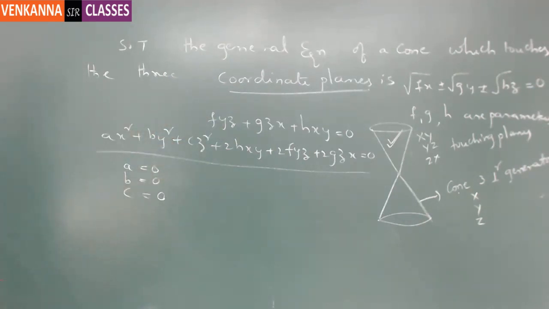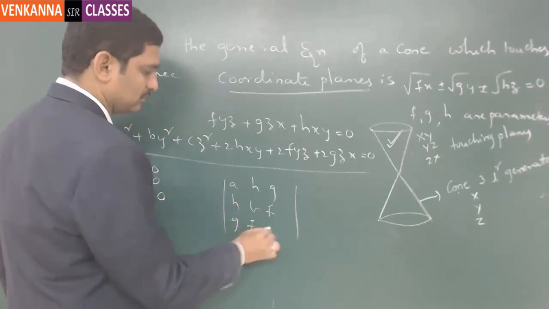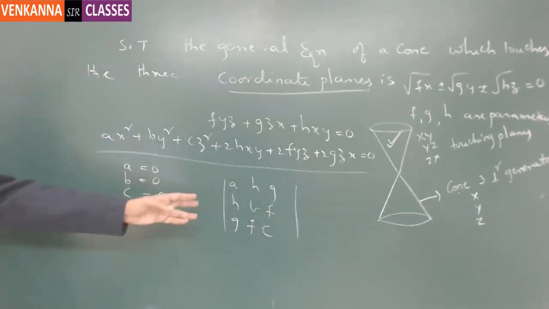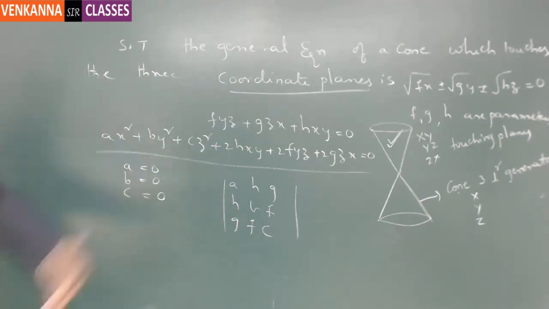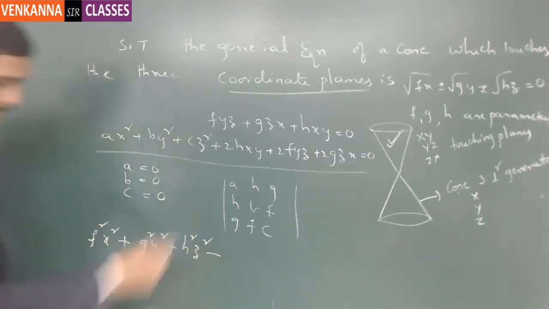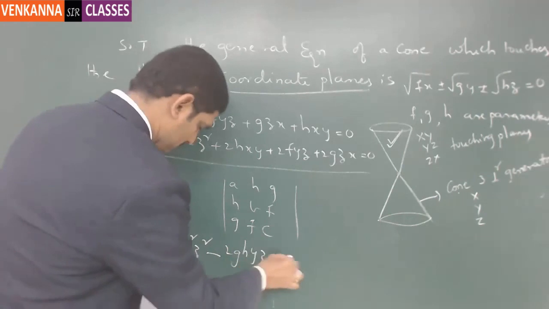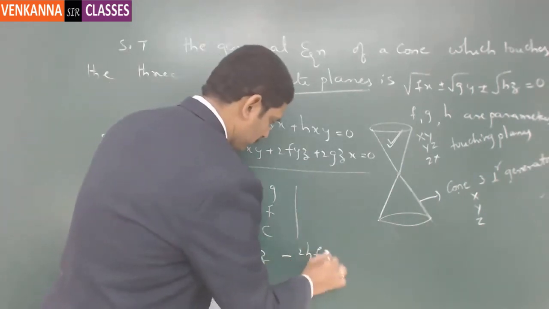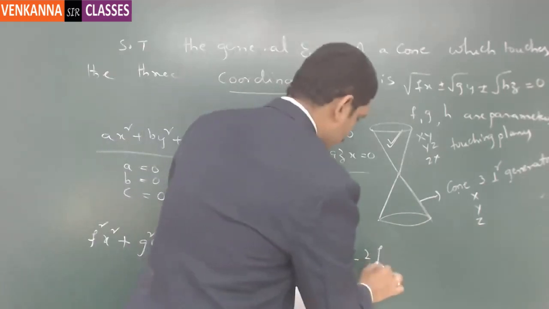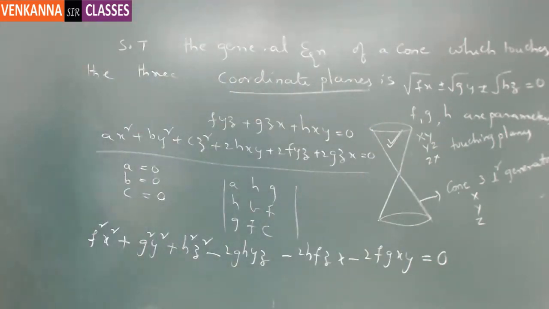So if you substitute the values in the determinant, and you calculate the cofactors as it is, then you will get the reciprocal cone equation as... this is the equation of the reciprocal cone.